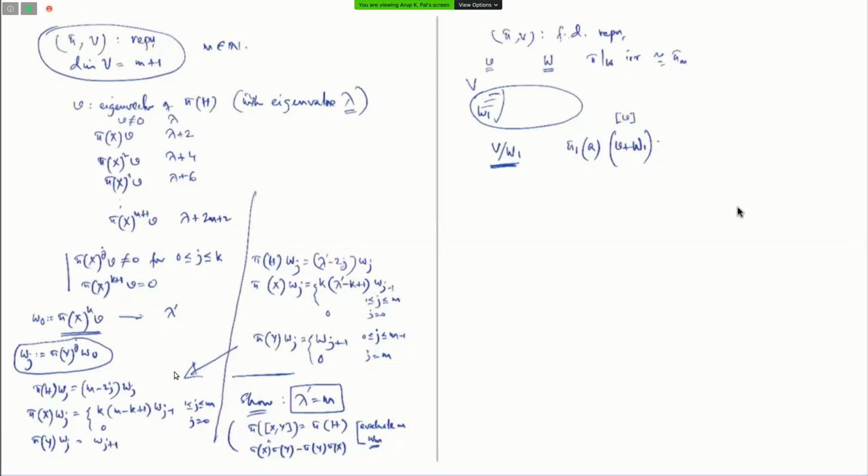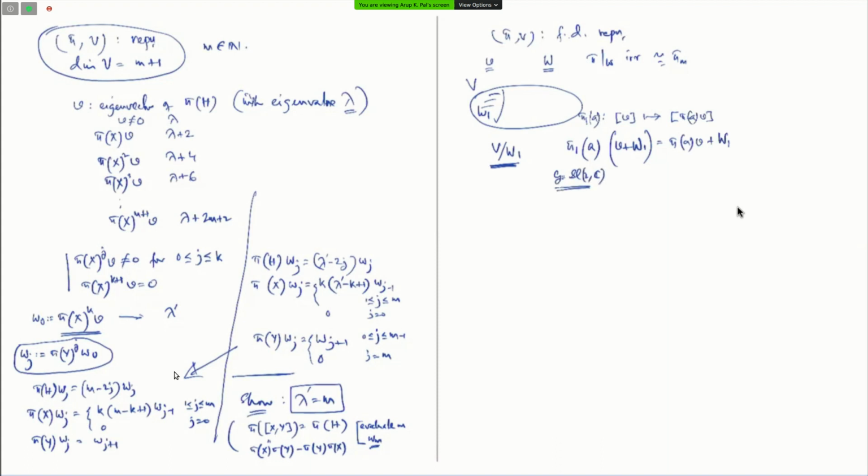So you define it by phi a v plus W1, or if you want to use this notation, just the class of this. So this would give you a representation of G, which is SL2C for us, but this is a more general statement.